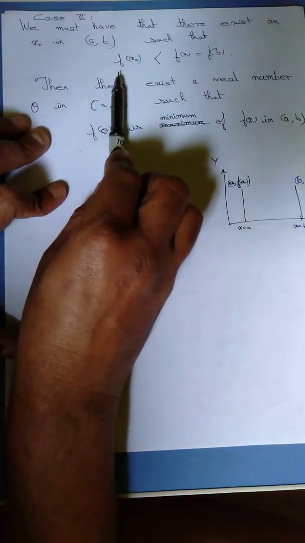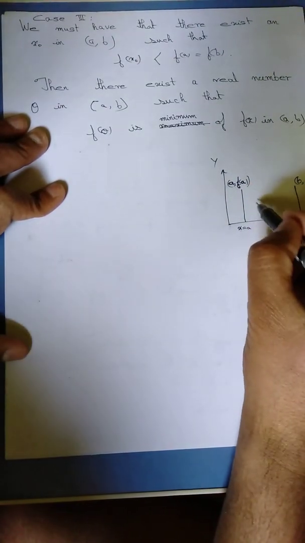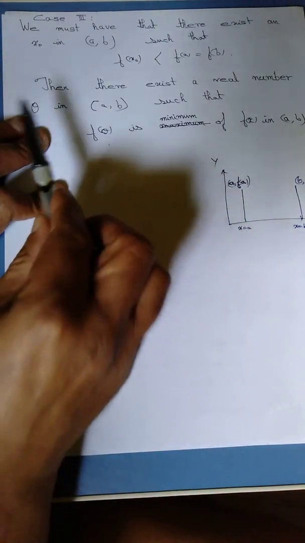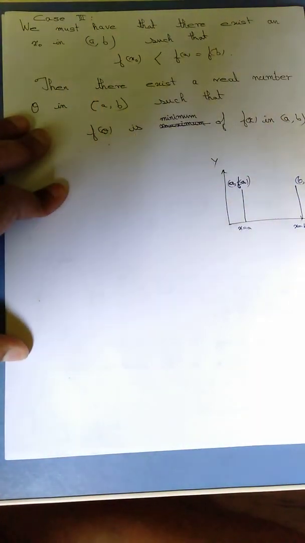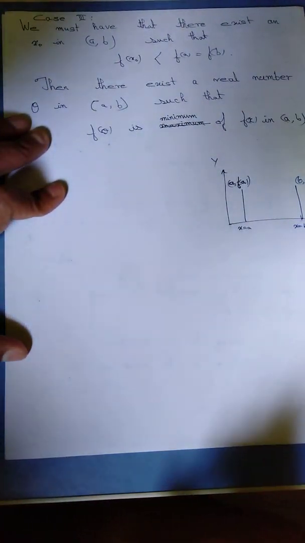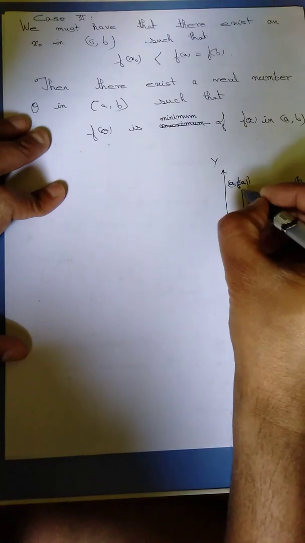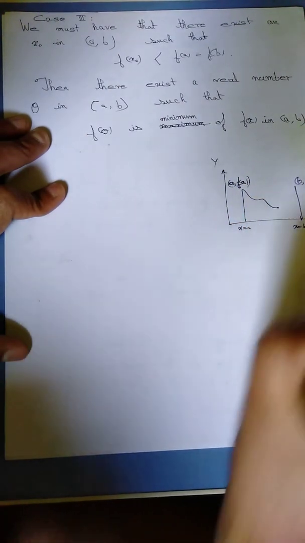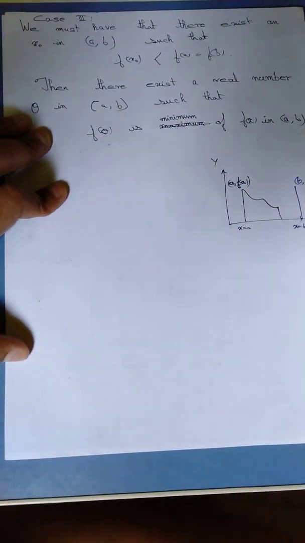Now you have f(x0) less than f(a) somewhere. When you have less than, let's talk about a minimum. f(theta) is the minimum possible, that is the least height possible of that function. Somewhere it may fluctuate, but somewhere it should happen that it gets the least value.